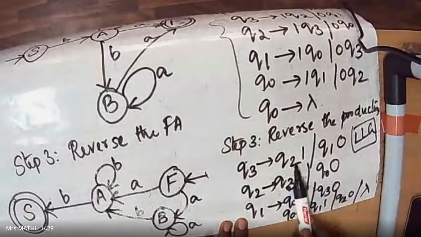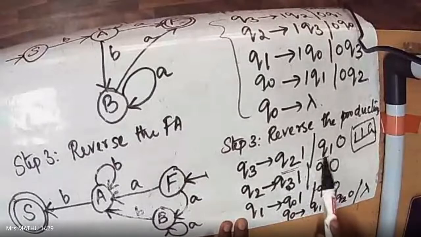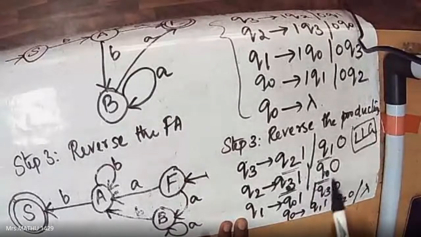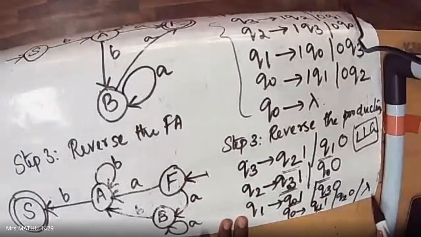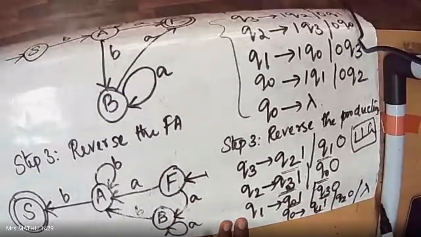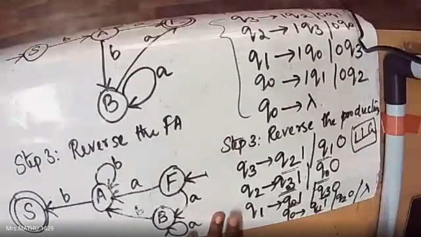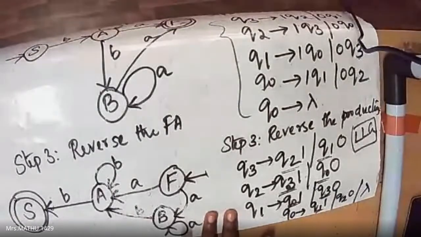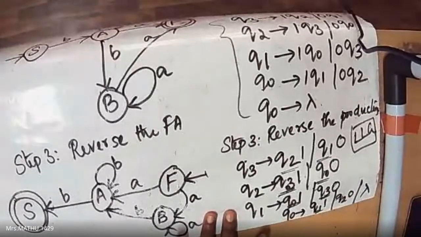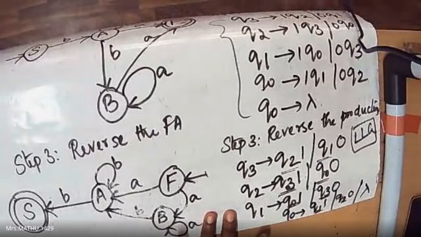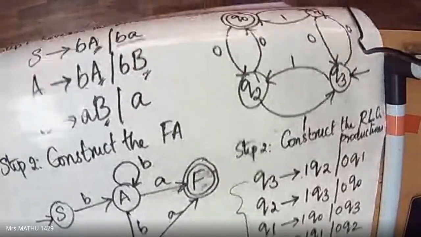All the productions have the variable at the left end in the right-hand side of the production, or it will have a lambda. So these are the four conversions that we can do to convert from a regular grammar to finite automata, and then from finite automata to regular grammar.